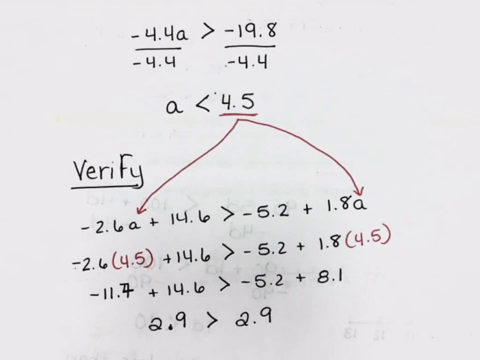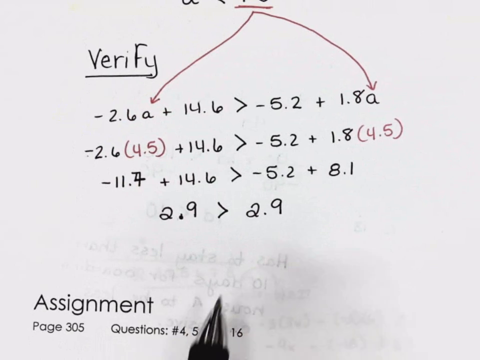All right. Did I do my math wrong? Because that's not a true statement, is it? 2.9 is greater than 2.9? That's not right. Did I screw something up? Anybody check my math?